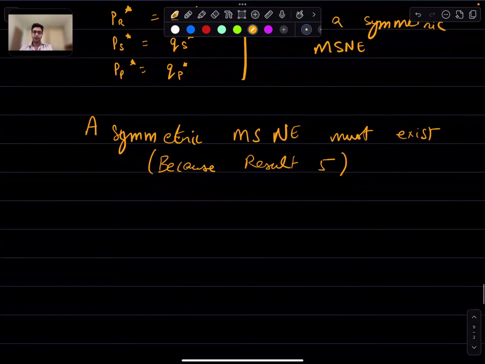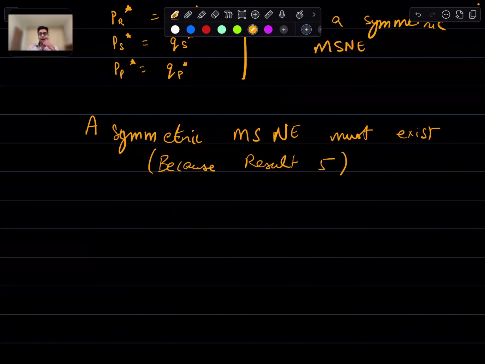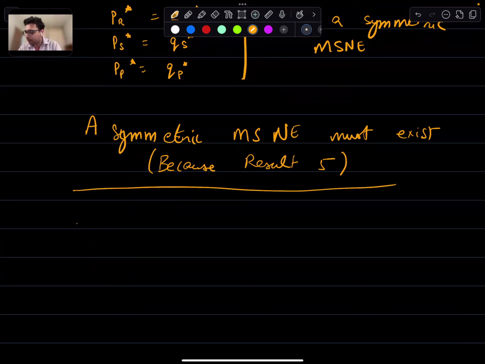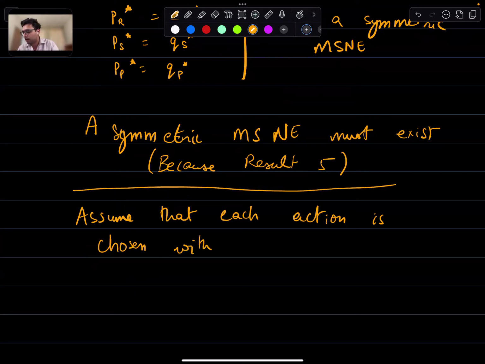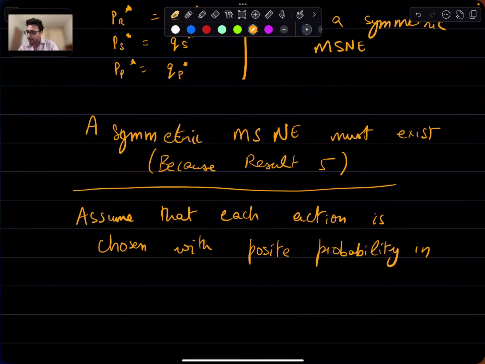Now, I want to make one more assumption, and then we'll go about solving this. I want to assume that each action is chosen with positive probability in equilibrium.